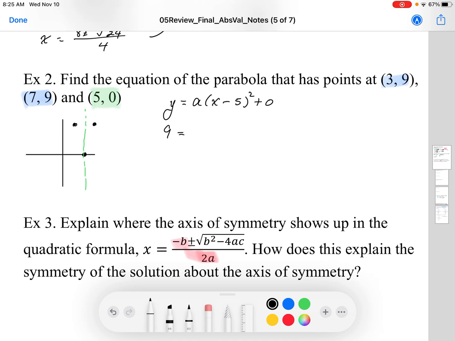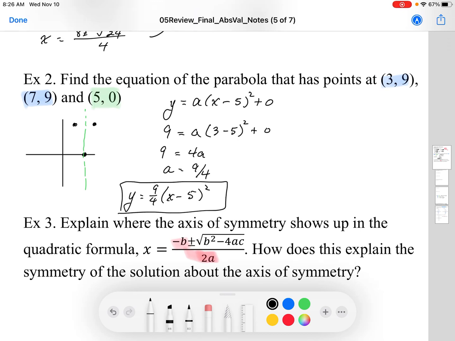So I'm going to substitute y is 9, x is 3, and we get 4a equals 9, so a is equal to 9 over 4. That would be one way to do it. So I get y is equal to 9 over 4 times (x minus 5) squared plus 0. So there's one solution using the graphing form.